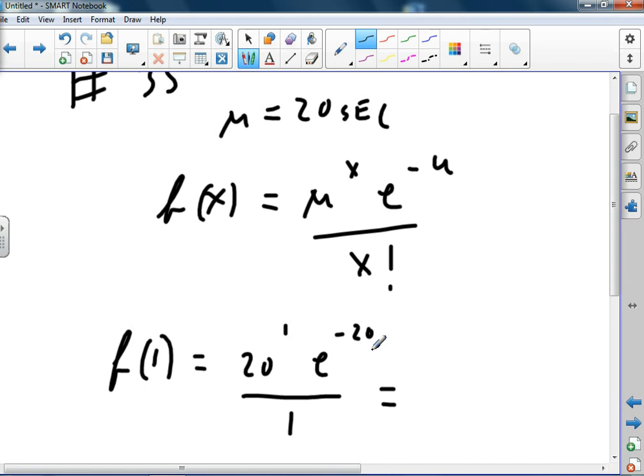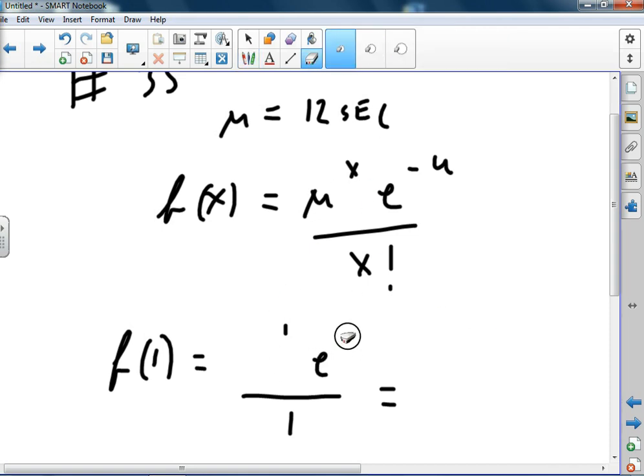How did I get 20? Do we have the E in our calculator? Yes, you do. 12 e to the minus 12.